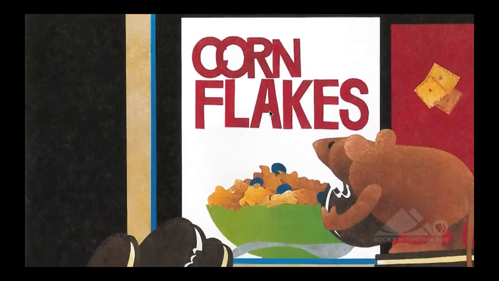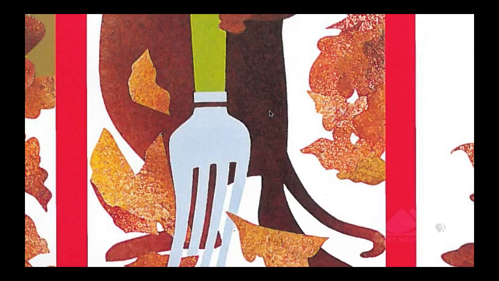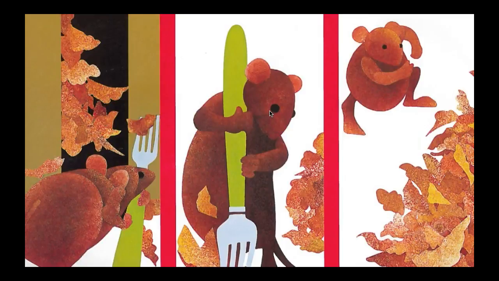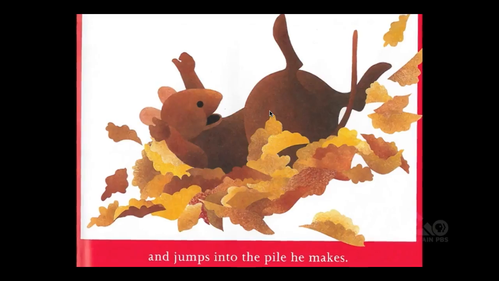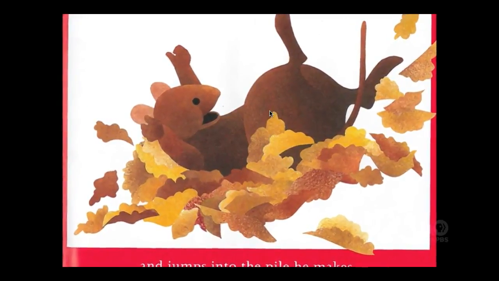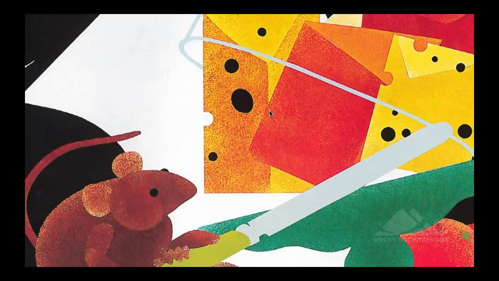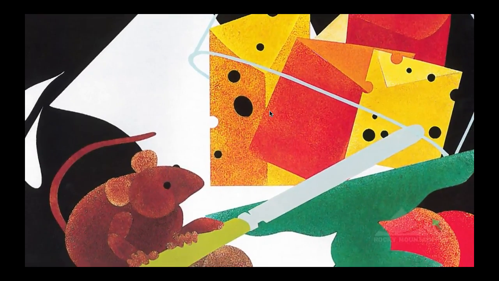Munch, munch, munch. A cookie snacker. Crackle sweet. He rakes cornflakes. Whee! And jumps into the pile he makes. Sniff, sniff. Milk and cheese. Mouse would like a taste of these.